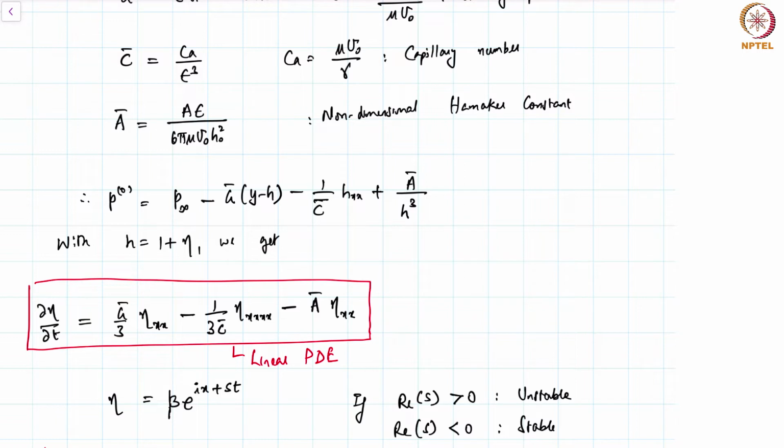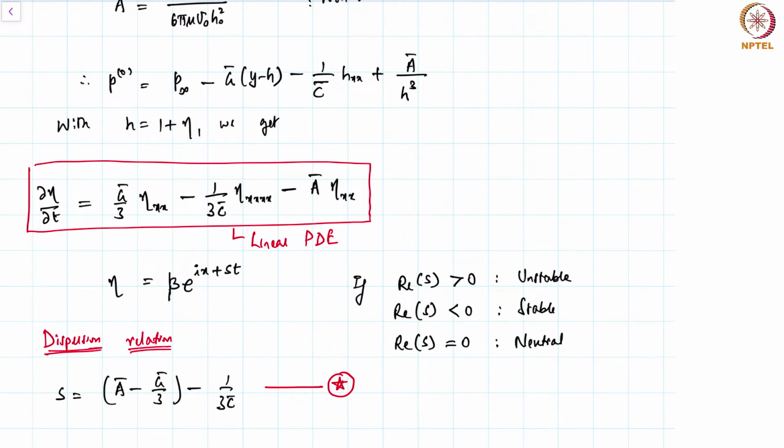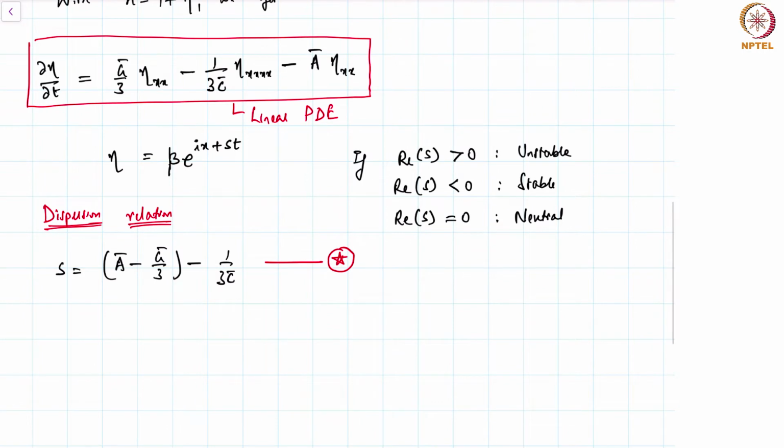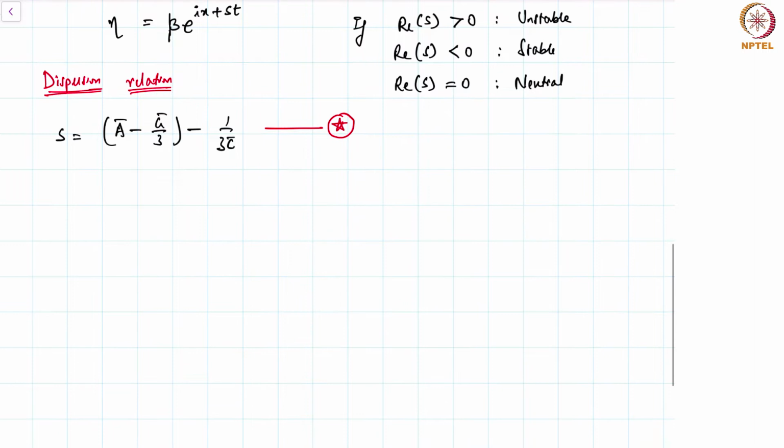This is the linear partial differential equation for eta as a function of x and t, depending on the parameters g bar, c bar and a bar. Then we assume the normal mode form and derive the general dispersion relation, which includes all of this, and s is the growth rate. We will now generalize to the case where none of these parameters are 0.